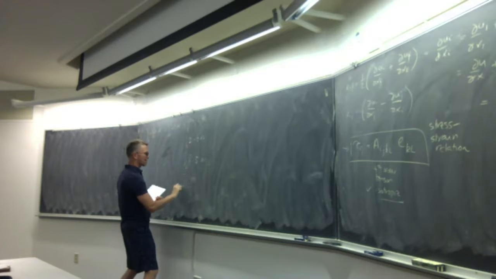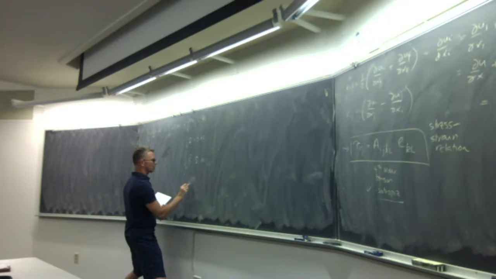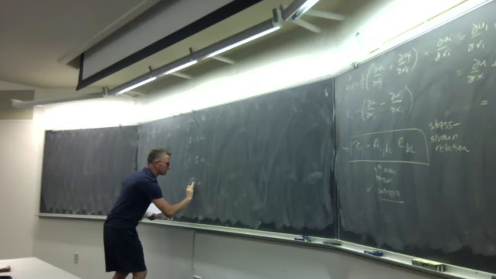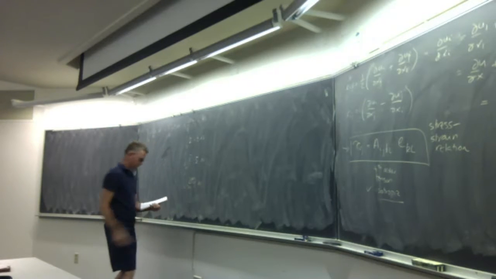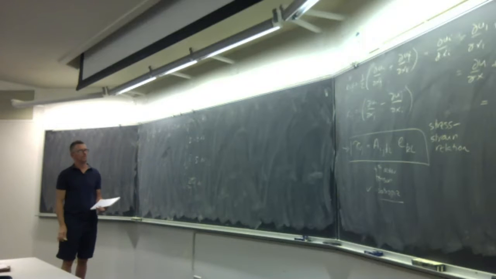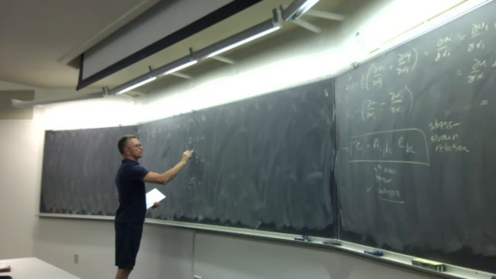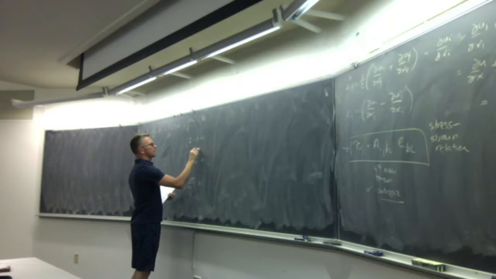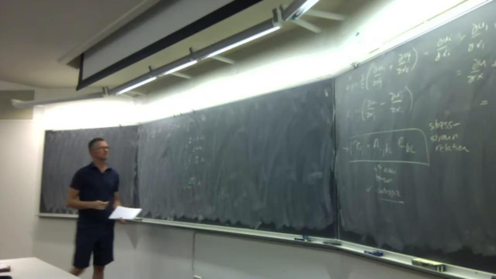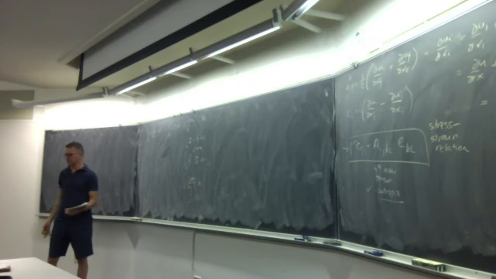Or another way of writing that is d by dx j of tau ij dV. So there's just a divergence theorem between here and here.